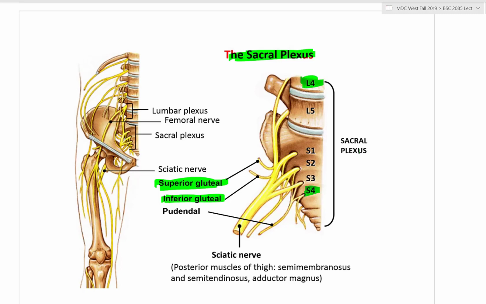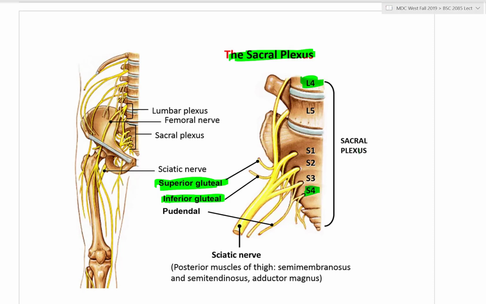From the gluteus maximus, medius, all the way to minimus. That's what superior gluteal does. If you don't have a superior gluteal or inferior gluteal, most likely you will be unable to contract your buttocks, right? Now, if you cannot contract your buttocks, most likely what's going to happen? You won't be able to sit or walk upstairs, because that's what they work for, right? Most likely, when you're working your buttocks, right?